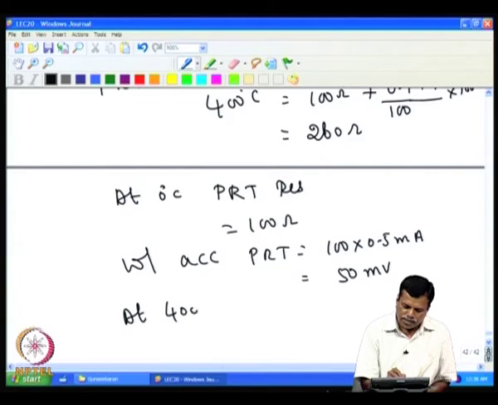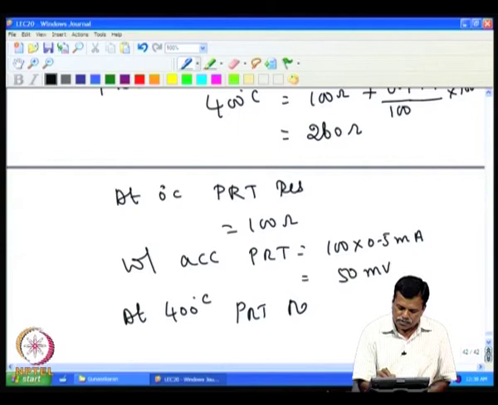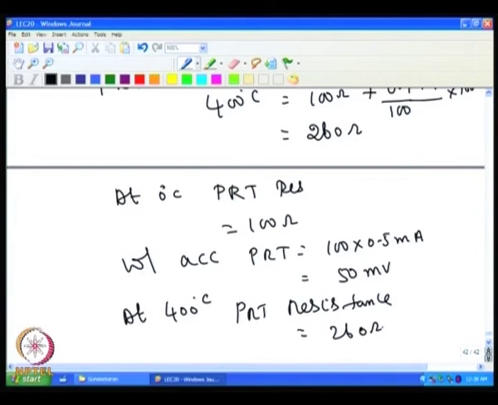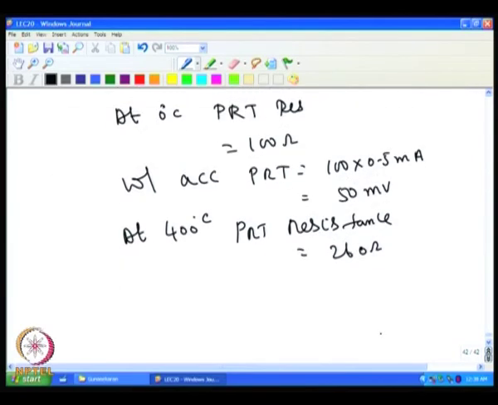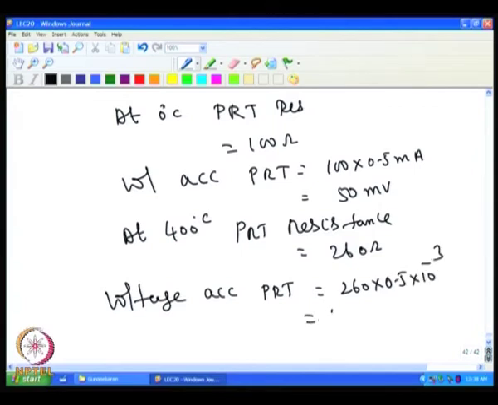So, if we take this, it is at 50 millivolt, then at 400 degree C, PRT resistance equals 260 ohms, and the voltage across that PRT will be 260 into 0.5 milliamps, that becomes 130 millivolts.